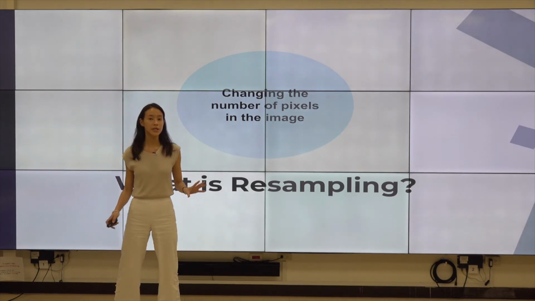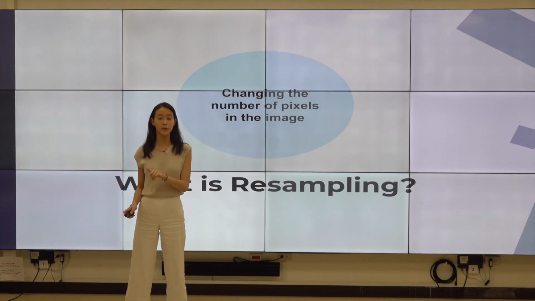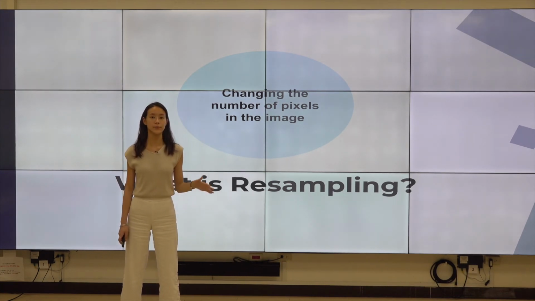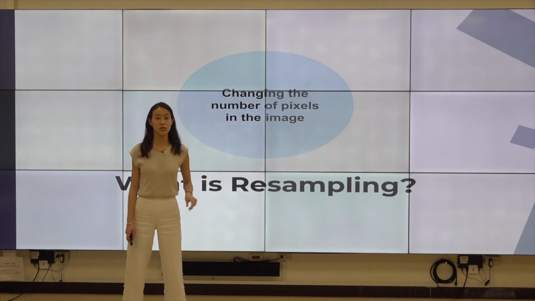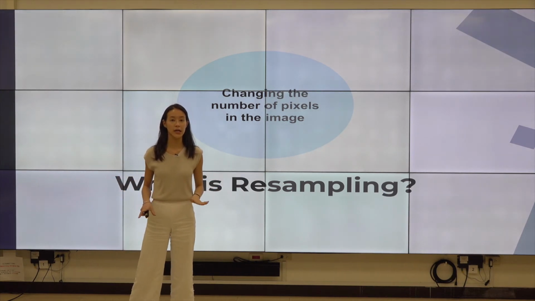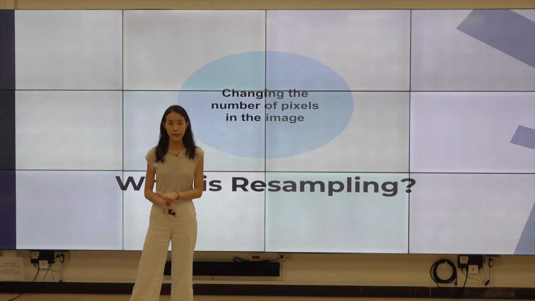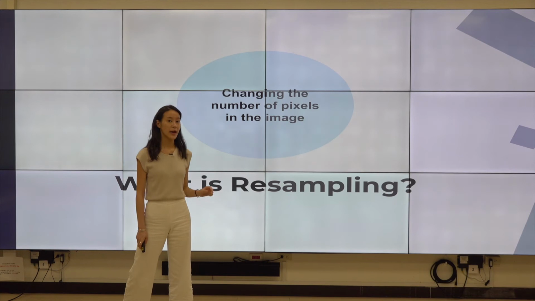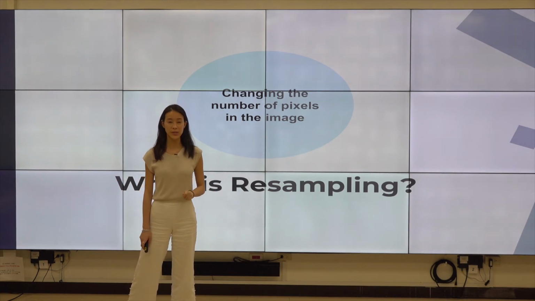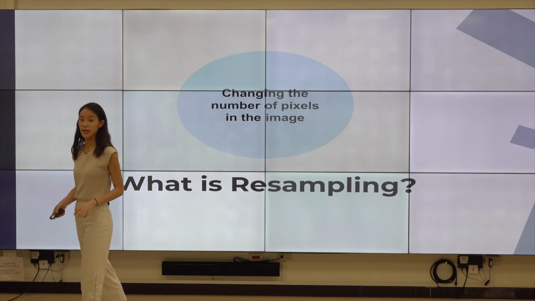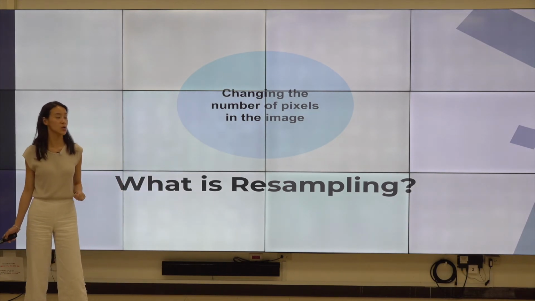We're trying to make sure that the number of pixels of the moving image is the same as the reference image, so that it's easier for us to register the two images together. You can think of it as aligning the pixels or the points together in order to get our registered image. However, if we have different numbers of pixels, it's going to be a lot harder to register the two images together because there are no points in between to compare with.